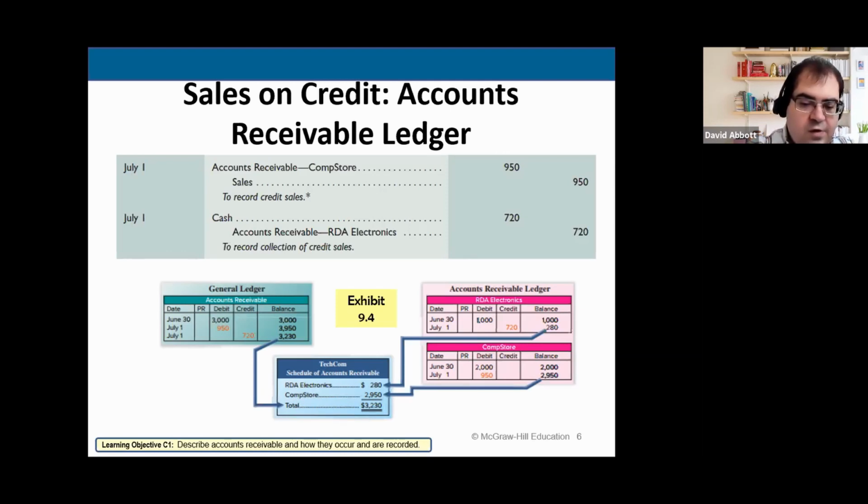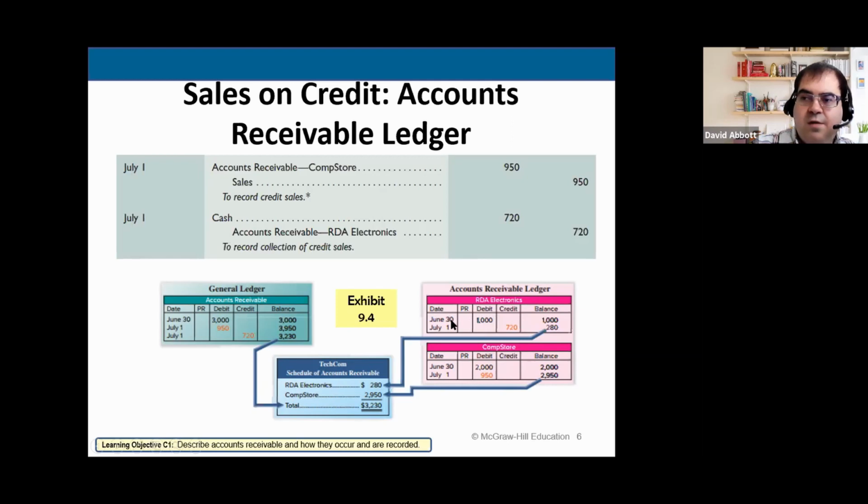The $3,230 total for the customer accounts equals the balance of the accounts receivable account in the general ledger. So we see here that in the general ledger, this is what we are still owed from our customers. And then we see here each customer has an account.